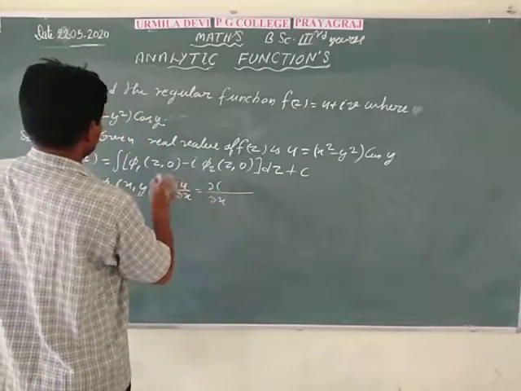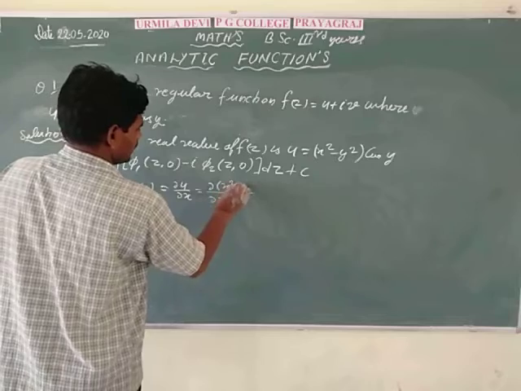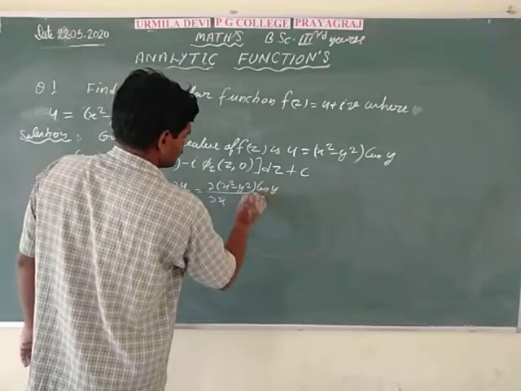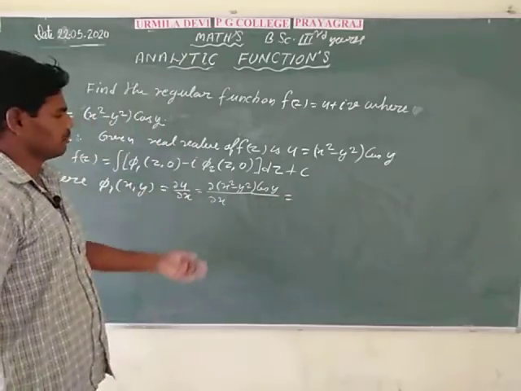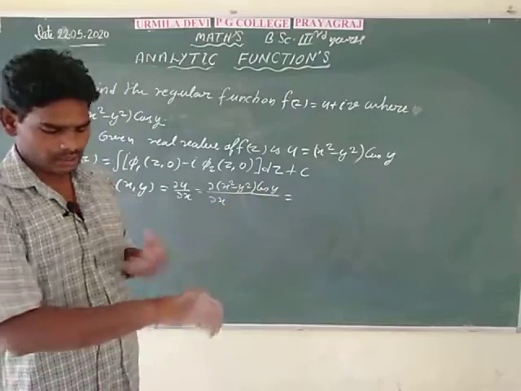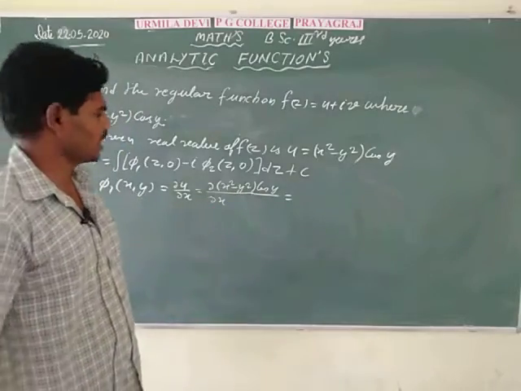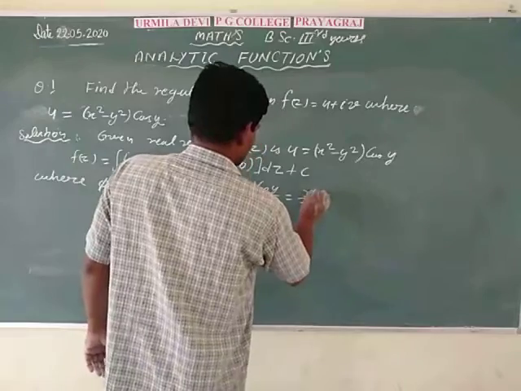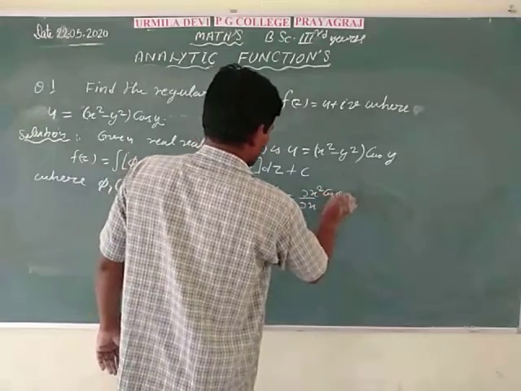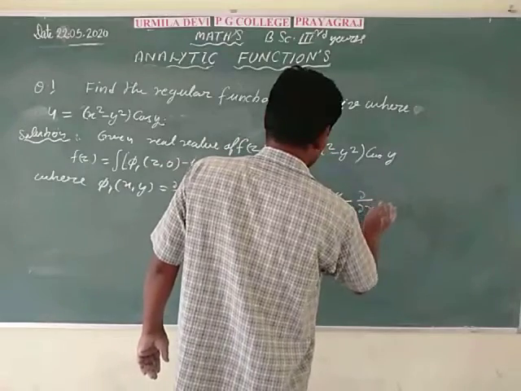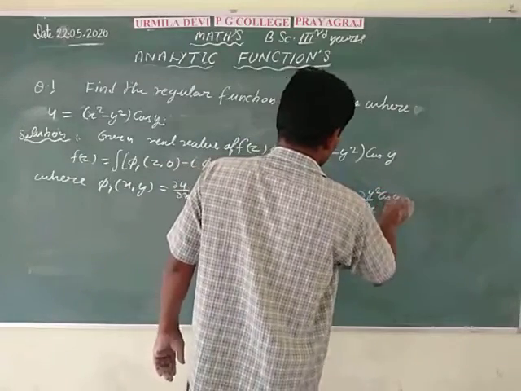u is equal to (x² − y²) cos y. Here, taking the partial derivative with respect to x, therefore y and cos y are constants. So ∂/∂x of x² cos y minus ∂/∂x of y² cos y.